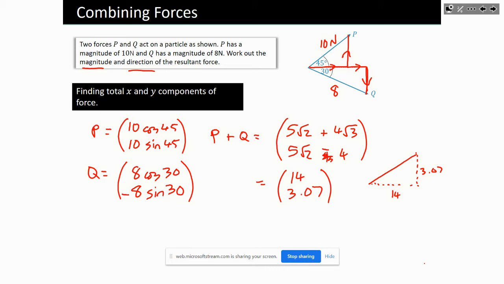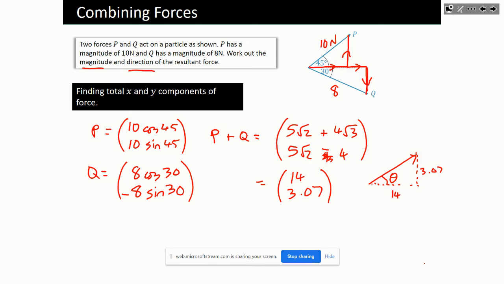We want to find the direction. When we do direction, generally we want the angle between the i direction and the direction of the vector. So we do the arctan of 3.07 over 14.